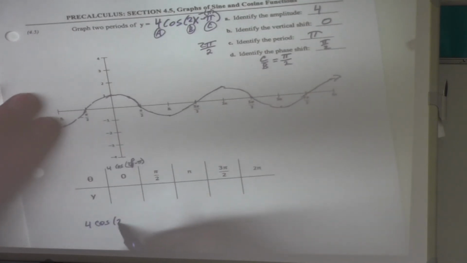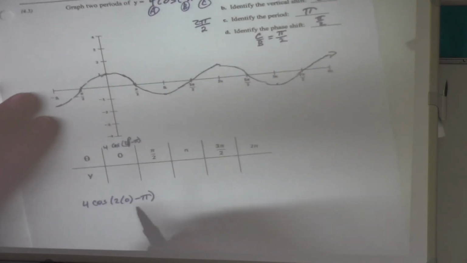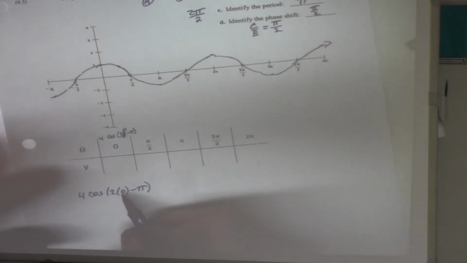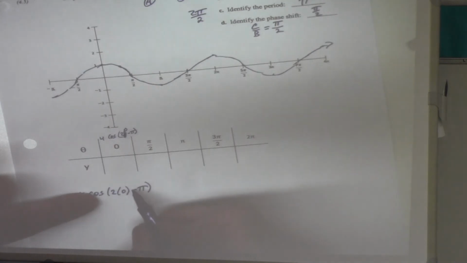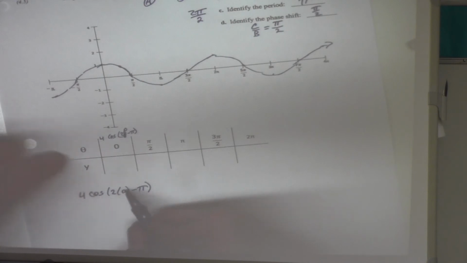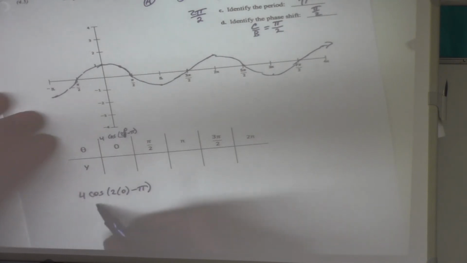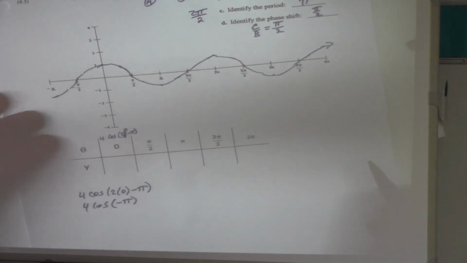Cosine of 2 times 0 minus pi. Well, I put the angle 0 in here, but I can't find the cosine of 0 because all of this will change the angle. 2 times 0 is 0, and 0 minus pi is negative pi. So what we're actually looking for is the cosine of negative pi.